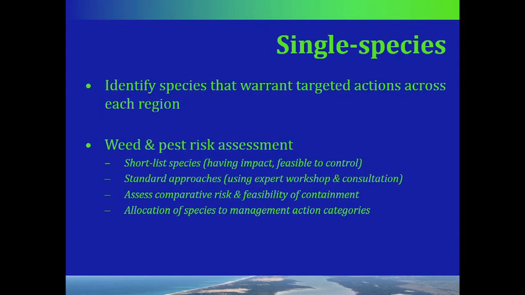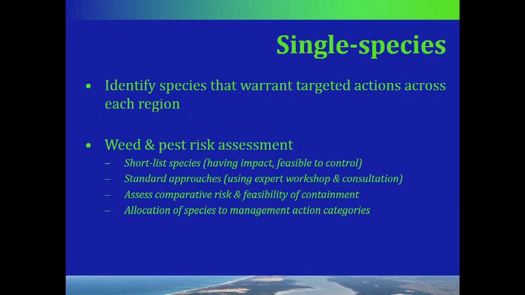These were identified through traditional weed and pest risk assessments that some of you would be aware of. We started with all the potential weed species known in the region and shortlisted it to ones that obviously were having an impact, but were also feasible to control. There's a number that are just ubiquitous across the region that there's no chance of controlling, which again you could spend years and years trying to control and not make much difference.